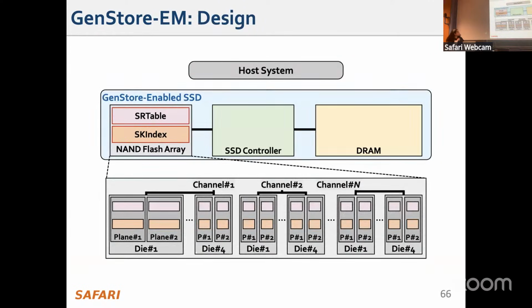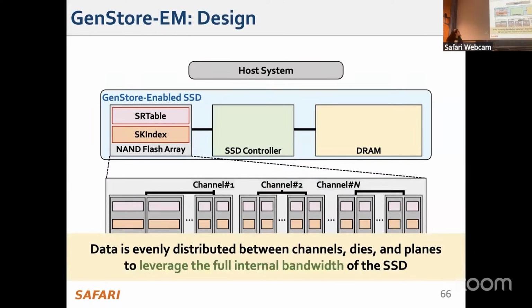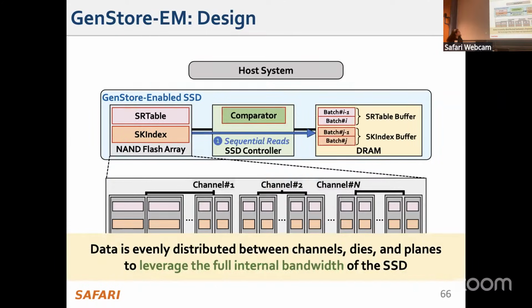They are stored across different channels, dies and planes, so that we can leverage full bandwidth. And a very small hardware unit is added to the SSD controller. We access the batches of data like this. Actually, in our next work, we show that we don't need to bring it to DRAM anyway, but back then, that's how we designed it.